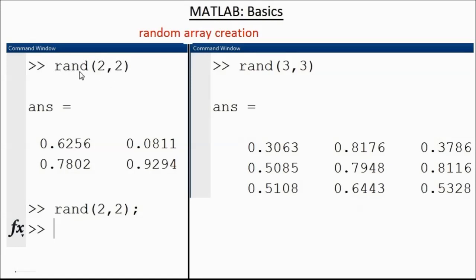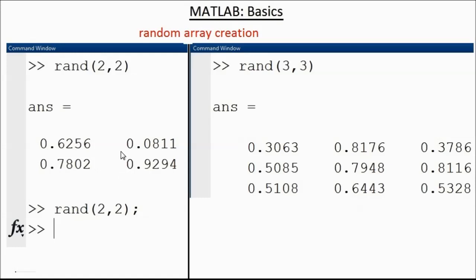So here I've just taken a 2 by 2 matrix. I'm creating a random 2 by 2 matrix using the rand command. Since I have not assigned a variable to this output of rand(2,2), MATLAB assigns the output to the default variable name called ans. So rand(2,2) is the random matrix with these entries.